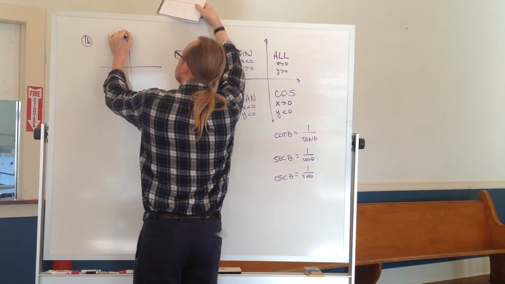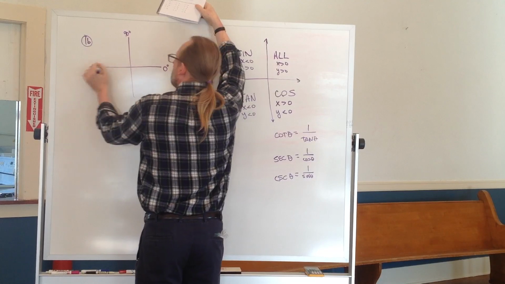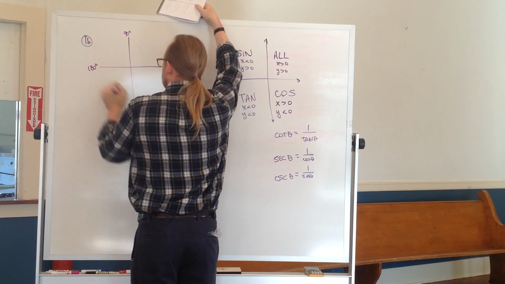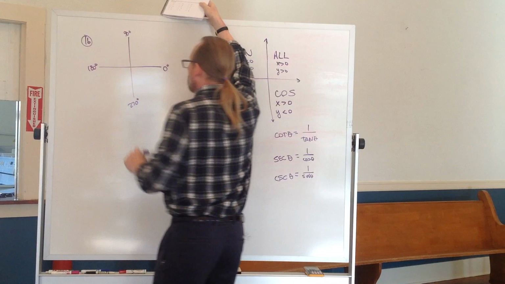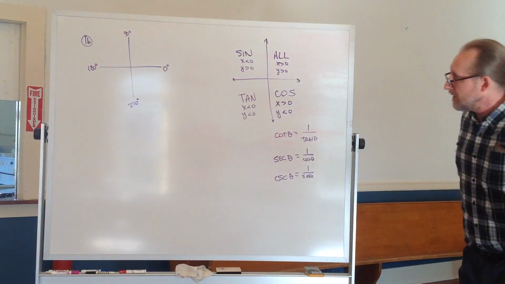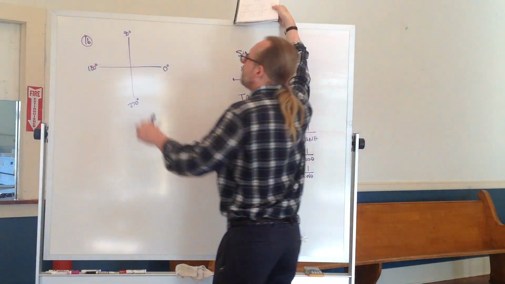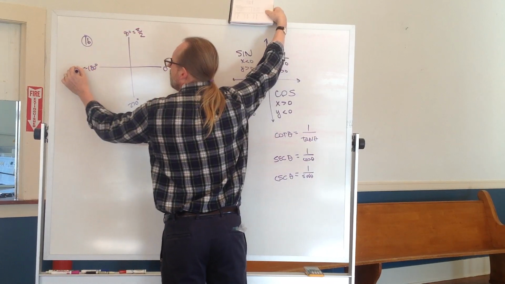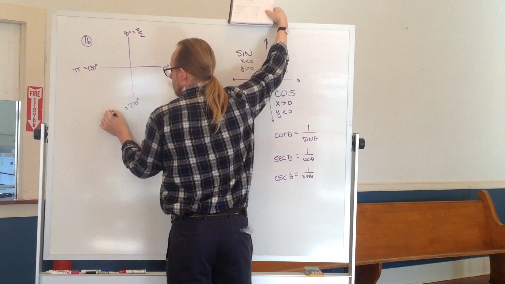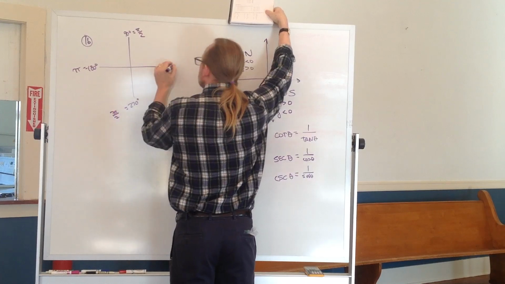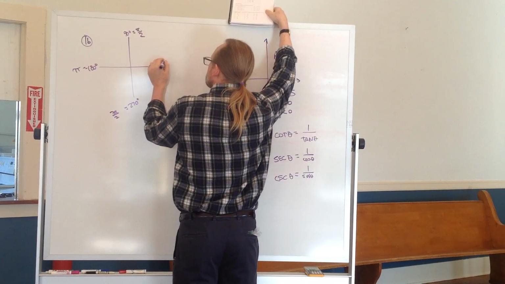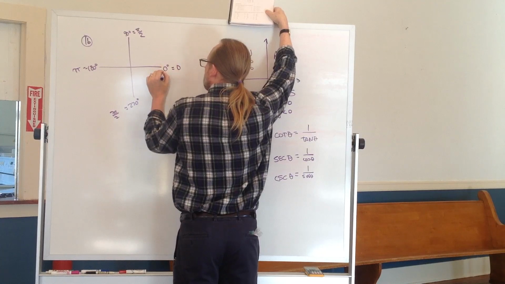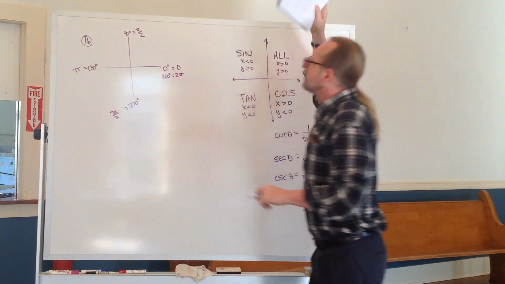So again, it's helpful to know the values of these quadrantal angles, which are multiples of 90, okay? It's also helpful to know them in radians. This one's pi over 2, this one's pi, this one's 3 pi over 2, and when we get to 360, this is 0 radians, but when we get to 360, that's 2 pi radians.